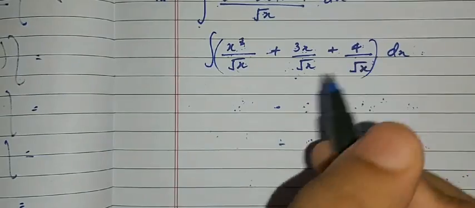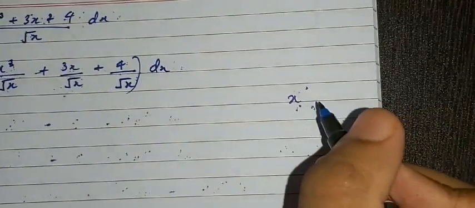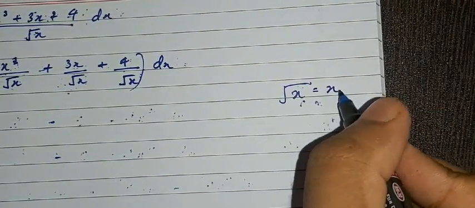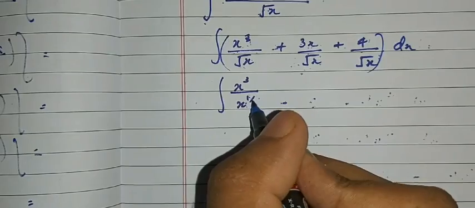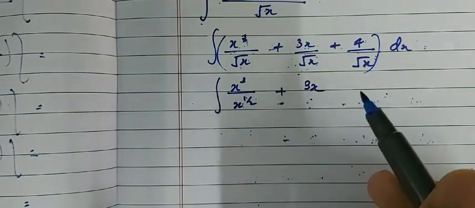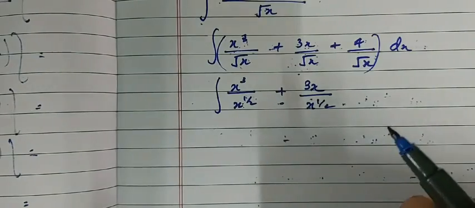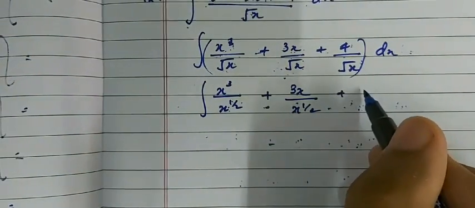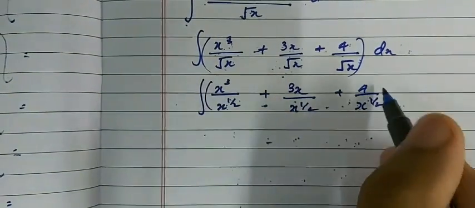Now what is root x, guys? Root x is x raised to 1 by 2. So we can write it as x cube by x raised to 1 by 2 plus 3x by x raised to 1 by 2 plus 4 by x raised to 1 by 2 into dx.